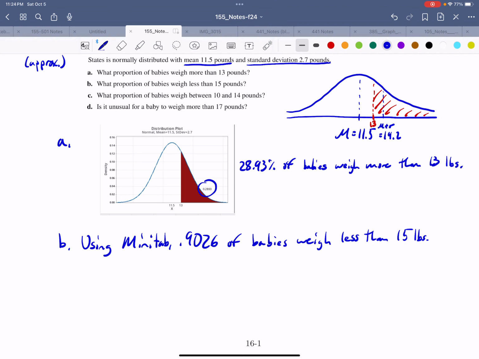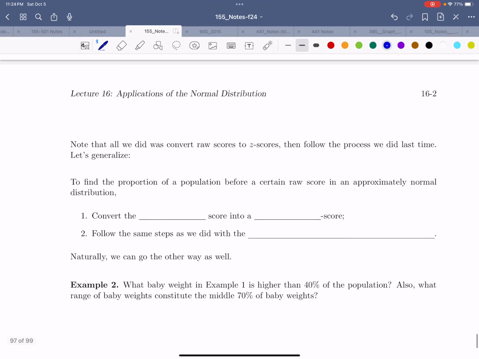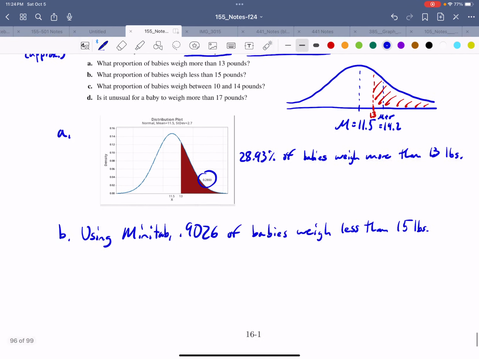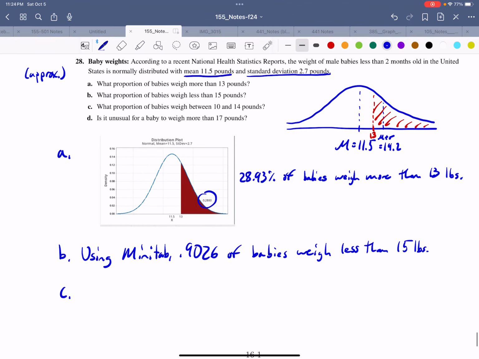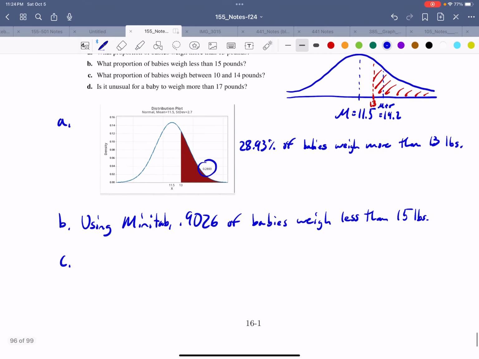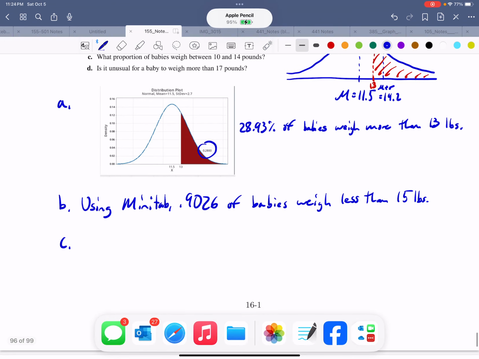We know all the proportions of areas to the left or to the right of all the different z-scores. So we'll use Minitab one more time for part C, and then maybe we'll do it by hand for part D.